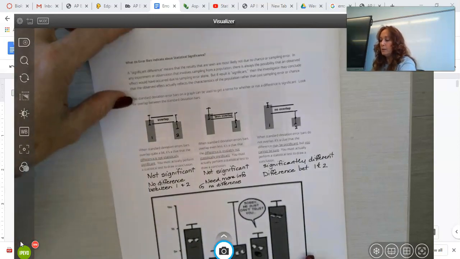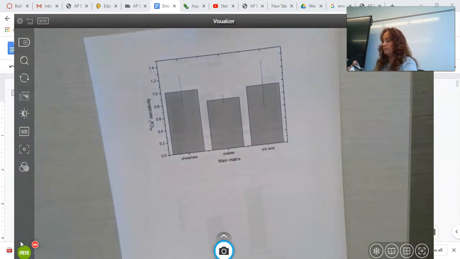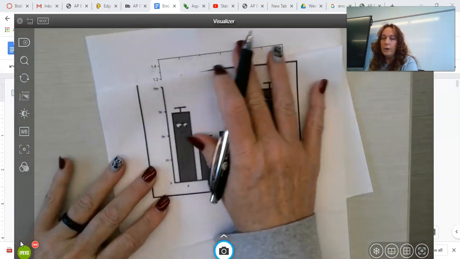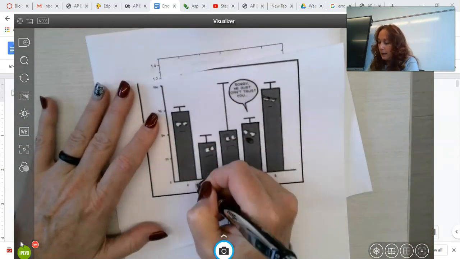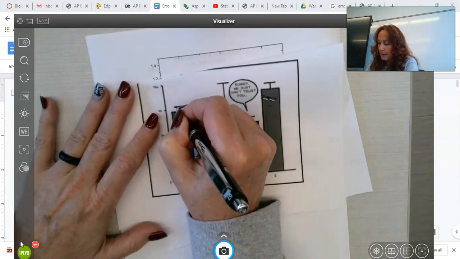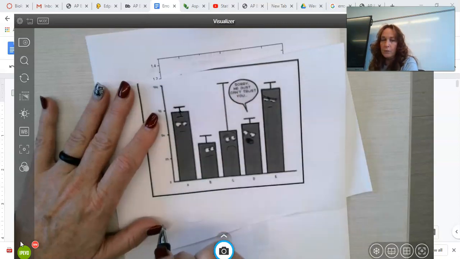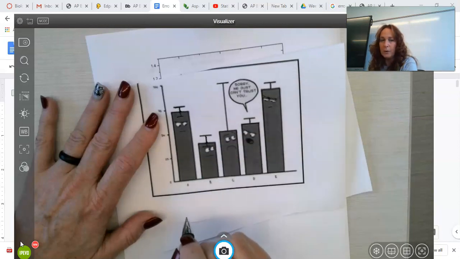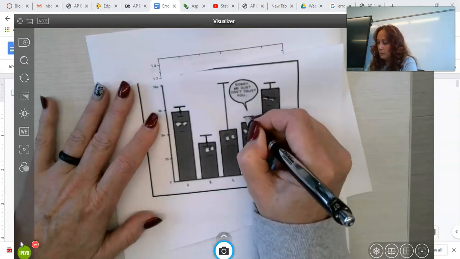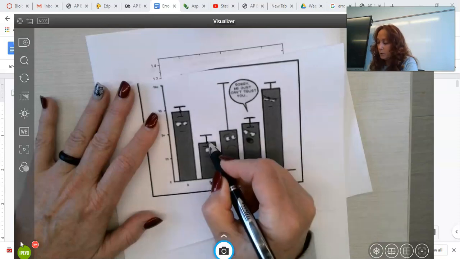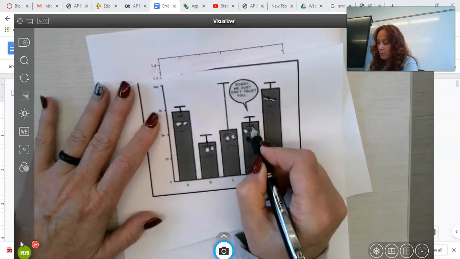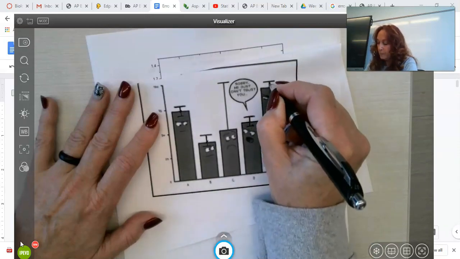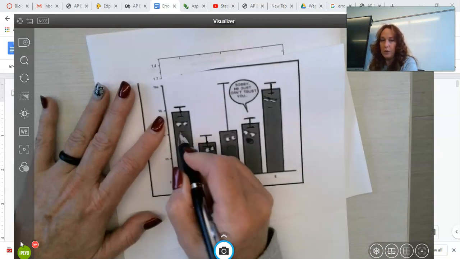So here's just a little joke, where you've got this little guy that says, here's my mean, I belong in a group of means from here to here. Oh, we don't belong in the same group. Oh, but we do. Barely. Well, I belong in the same group as the first guy.